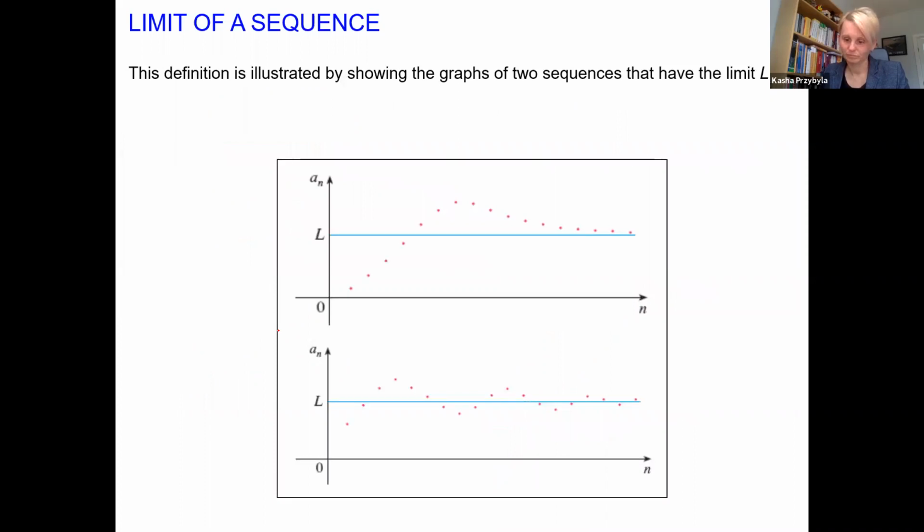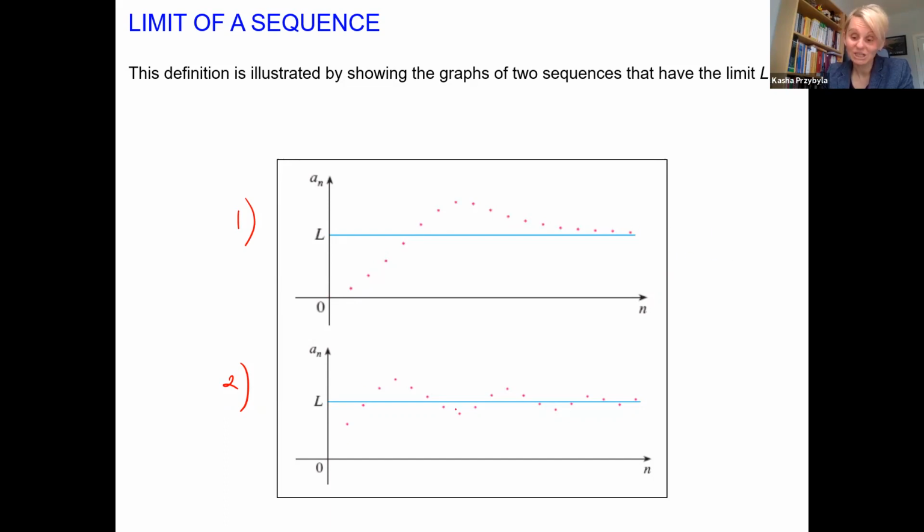And here we have the red dots. This is just an example of two different sequences, the first one and the second one. I don't have the formulas for them, but the red dots represent the sequence. We may see a somewhat weird behavior, but at the end the dots are approaching the blue line.